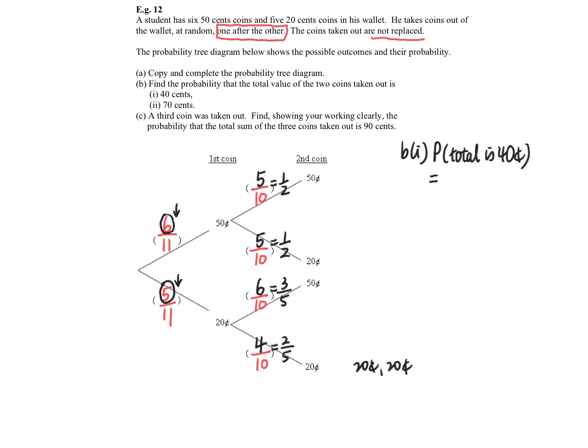So it will be 5 over 11 times 4 over 10. Just this one. Two out of 11. Okay, I need the total value to be 40 cents. All the others are not.